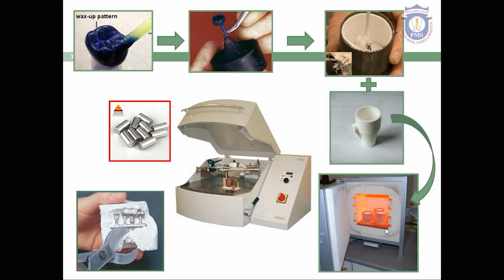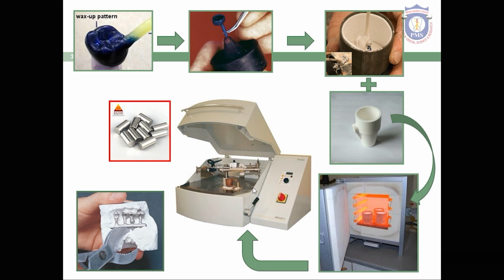This machine goes to really high temperatures, and its purpose is to heat the crucible and mainly to burn out all of the wax. The wax pattern will be completely burnt out, leaving behind only a hollow space within this investment.